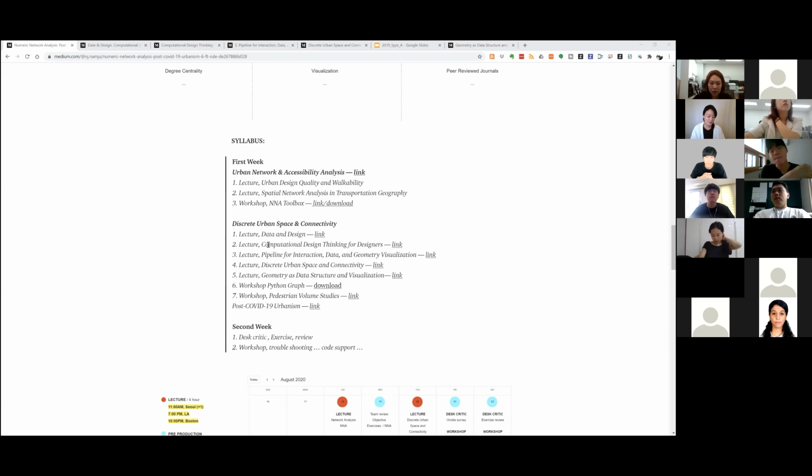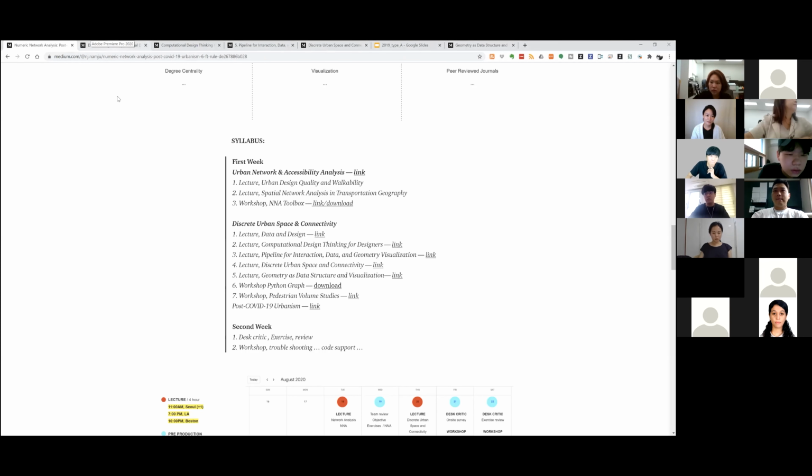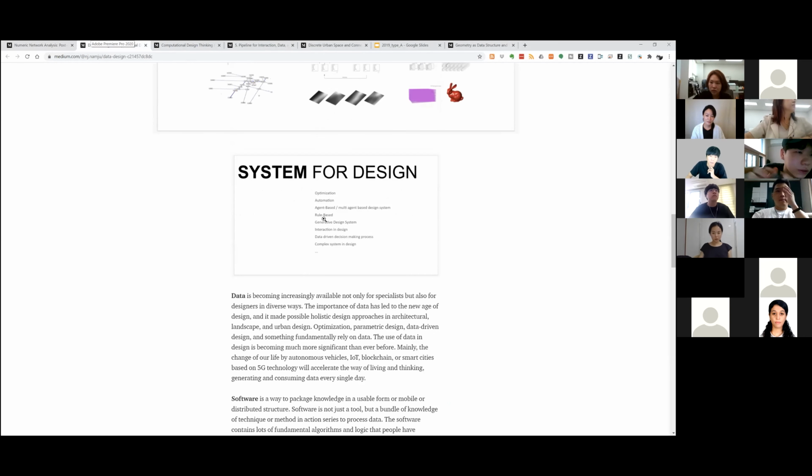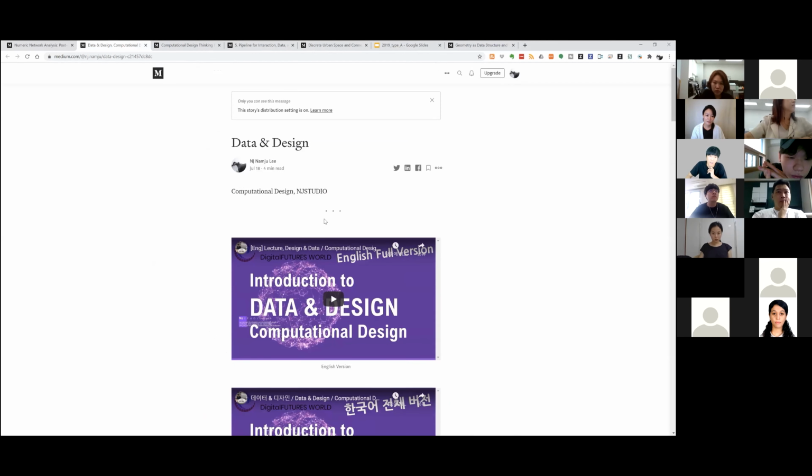But before I talk about network analysis using Python, Sumin asked me to share my definition of computational design. So I prepared 3 small slides before we start. The first slide is this one, data and design.